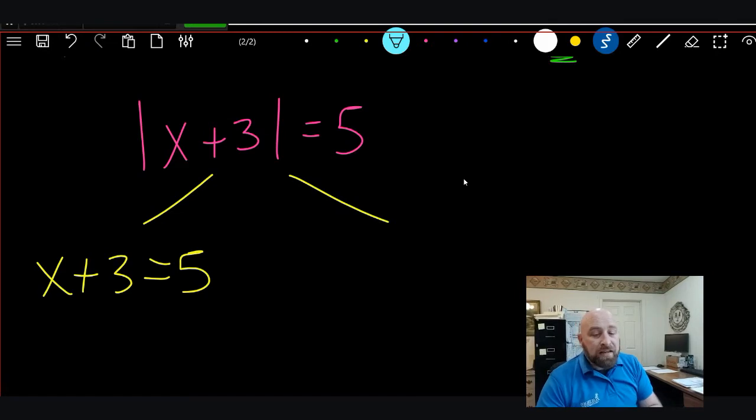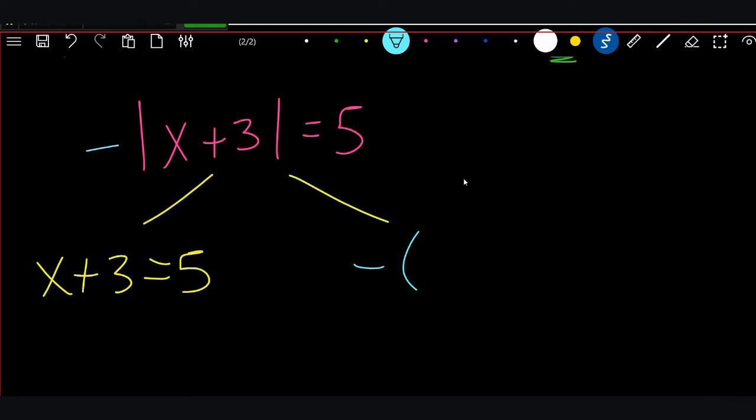Now, with the negative value, let's be careful here because there's a little trick to this. You have to distribute the negative sign. In other words, it's like saying the negative sign is out front and you have to distribute it in. You can't just make it a negative x. Don't just make it a negative x because you will get it wrong, I promise you. You have to distribute it.